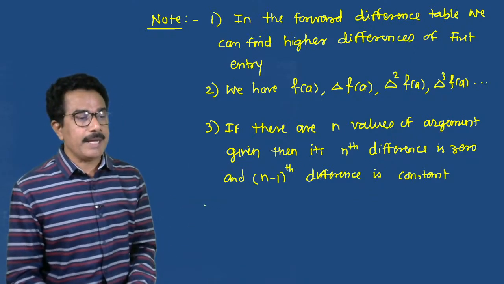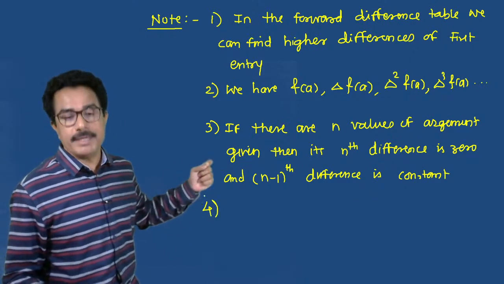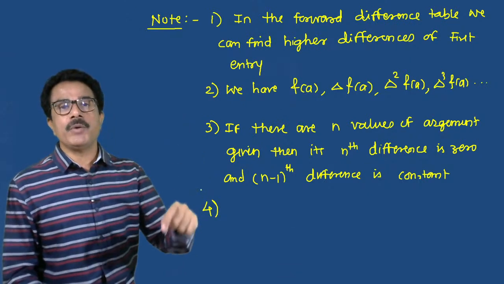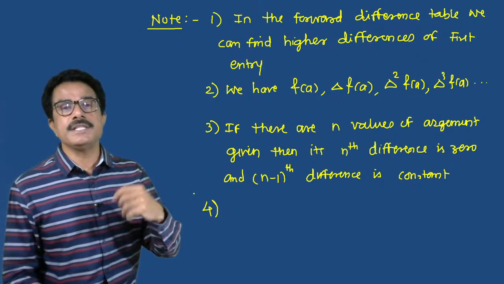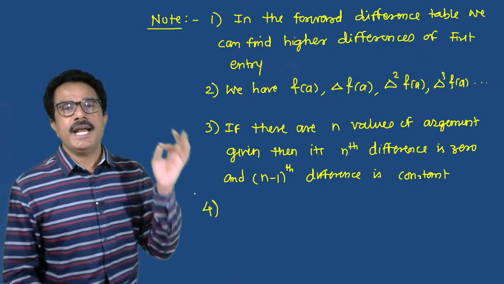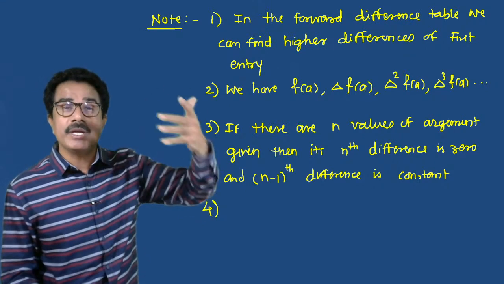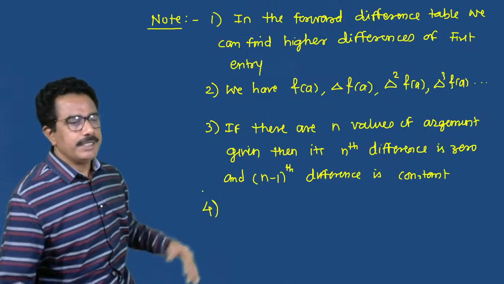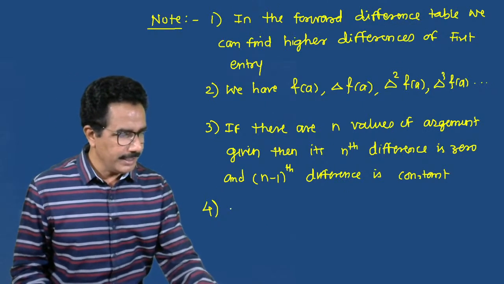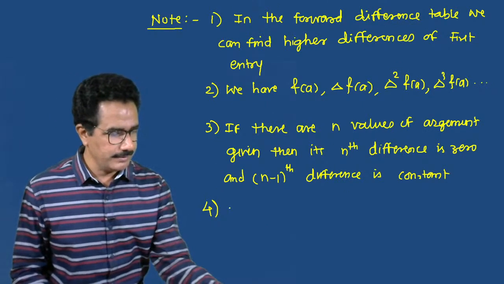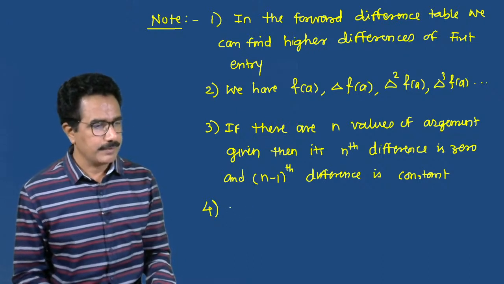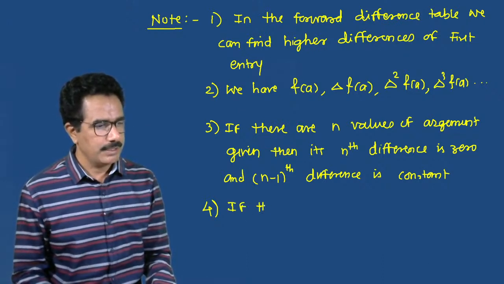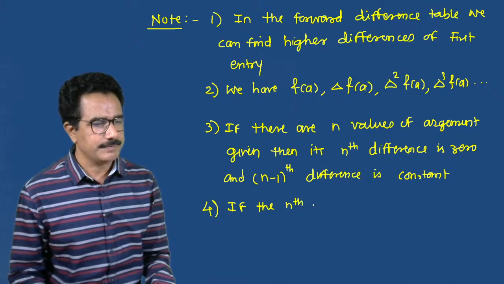आणखी एक थेरम पाहिला पहा, पॉलिनॉमियलच्या बाबतीमध्ये. पॉलिनॉमियल जर nth डिग्री पॉलिनॉमियल असेल, then its nth difference is constant and n plus 1th difference is 0.